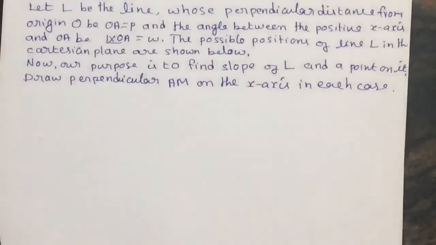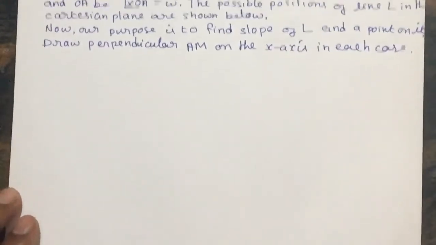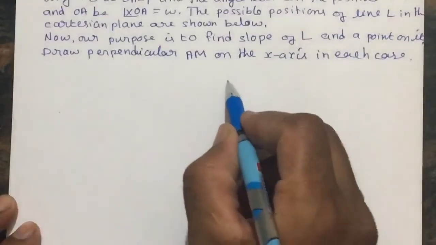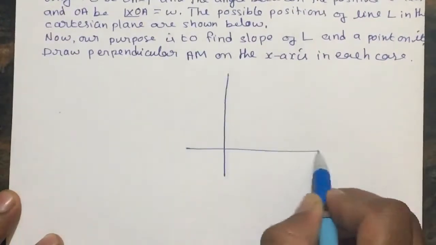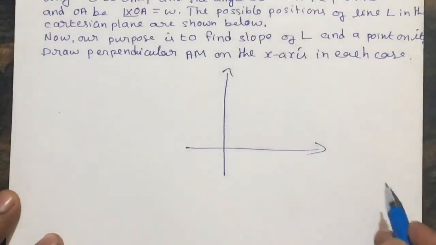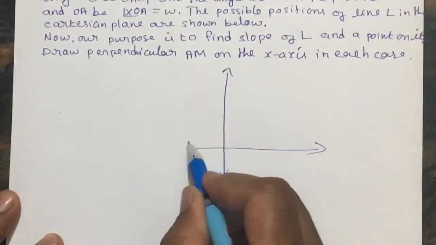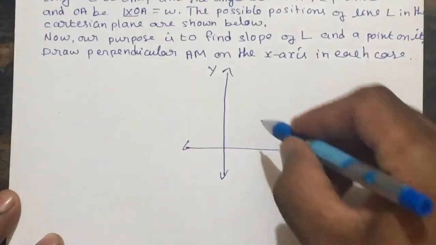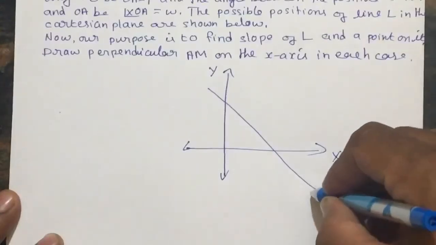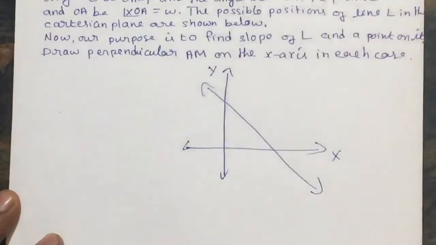So there is x-axis and y-axis. Draw x-axis and y-axis and a line L, either an increasing line or decreasing line. Now I am taking this line in the first quadrant, which I have shown you out of 4.